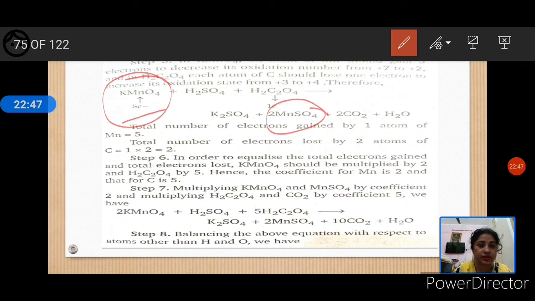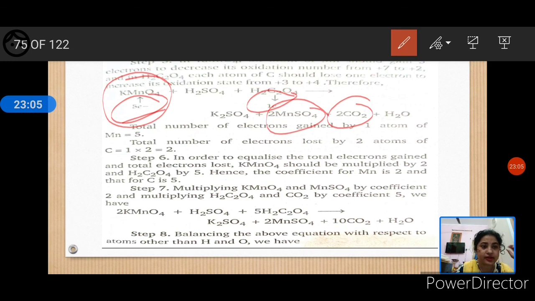This is mentioned here. In H2C2O4, carbon is in +3 oxidation state, and in CO2 it becomes +4, so it shows the loss of 1 electron. So the electrons are mentioned.